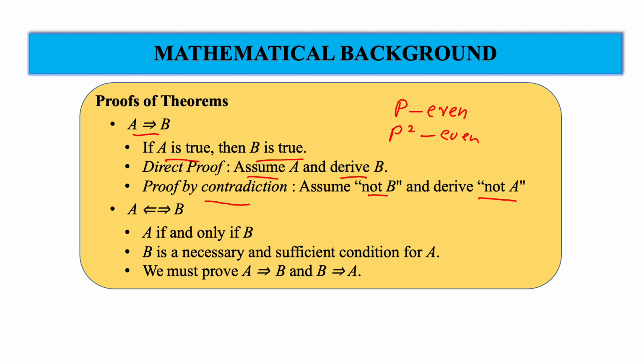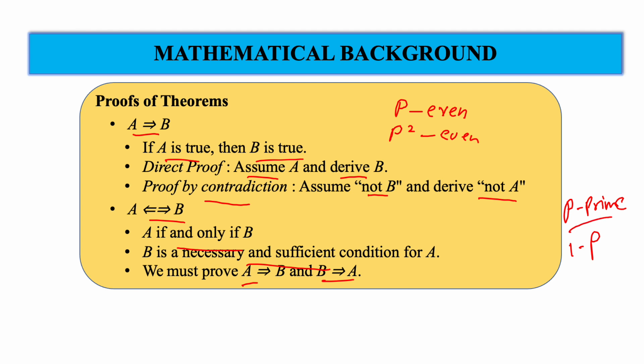Now when it comes to two-way implication, where A implies B and B implies A, it means A is true if and only if B is true. One can think of it as B being a necessary and sufficient condition for A. The important point to be noted here is that we must prove that A implies B and B implies A. A common example for this is that if P is a prime number, then 1 and P are the only factors. In the same way, if 1 and P are the only factors of P, then P is a prime number.